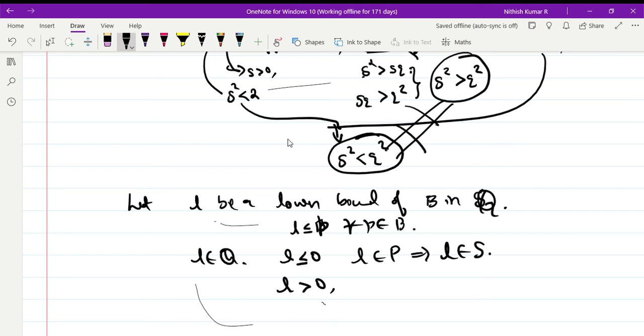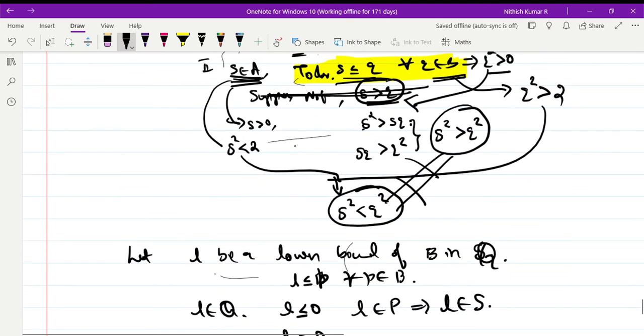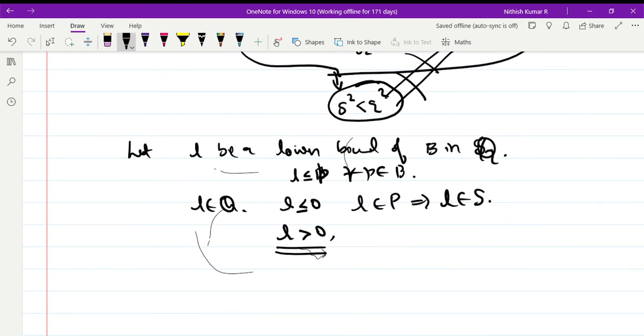Suppose L is greater than 0. Now we shall show that this L belongs to A. Clearly L is in Q and L is greater than 0.